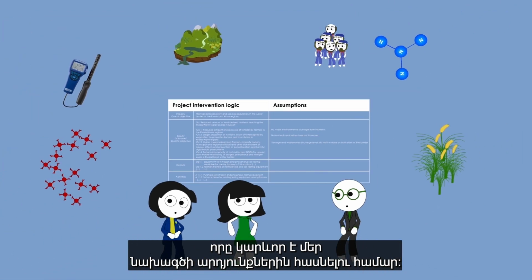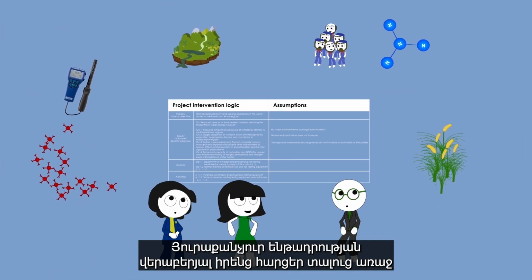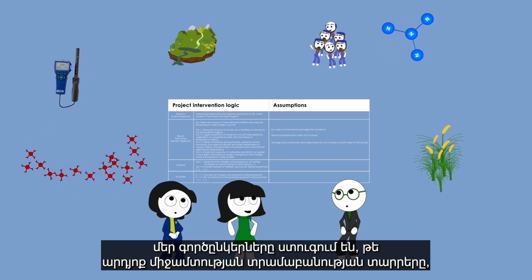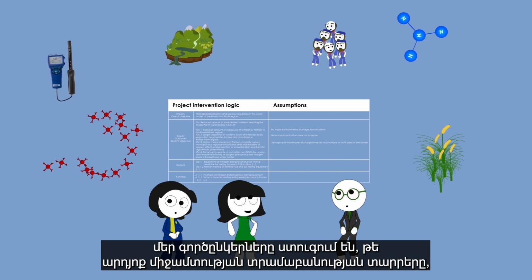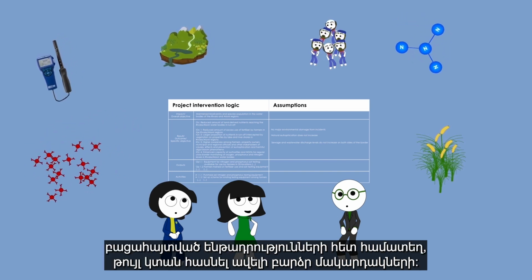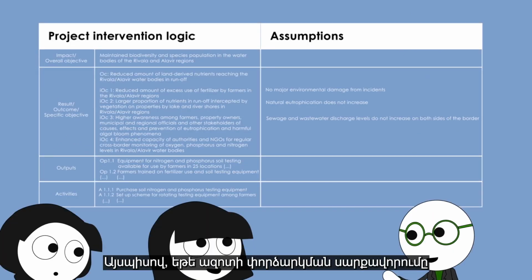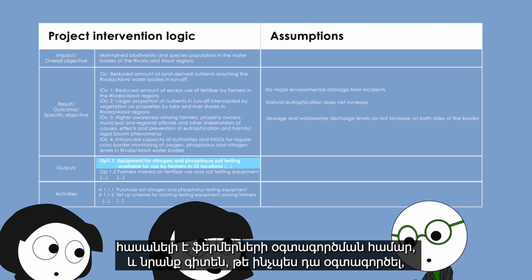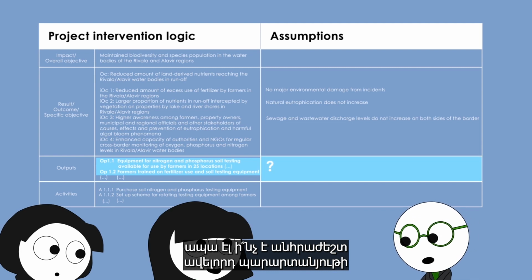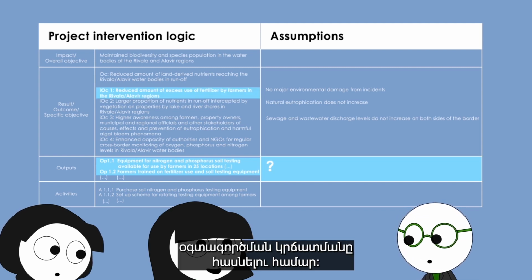Okay, let's make sure now that we're not forgetting some external factor that is important to achieve our project results. Before asking themselves the questions about each assumption, our partners see if the elements of the intervention logic, in combination with the assumptions identified, will enable higher levels to be achieved. So, if the nitrogen testing equipment is made available for use by farmers and they know how to use it, then what else is needed in order to achieve a reduced amount of excess use of fertilizer?